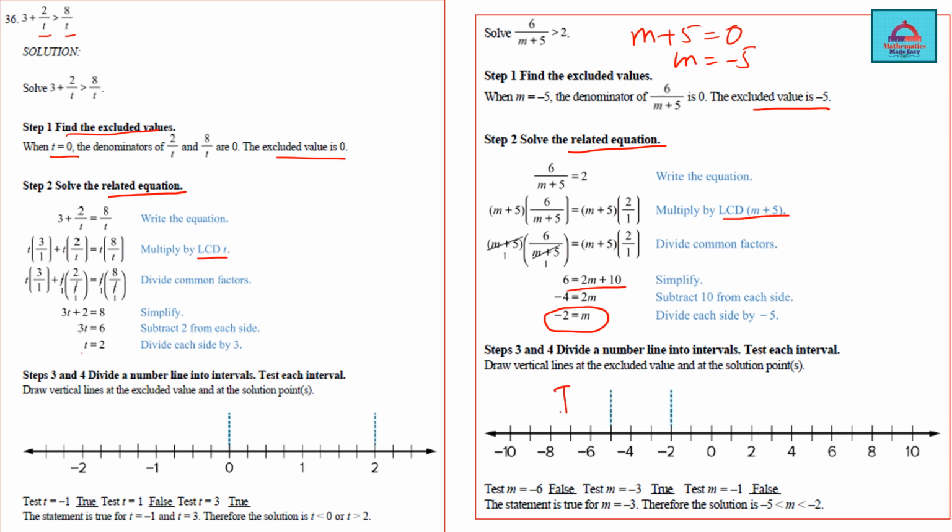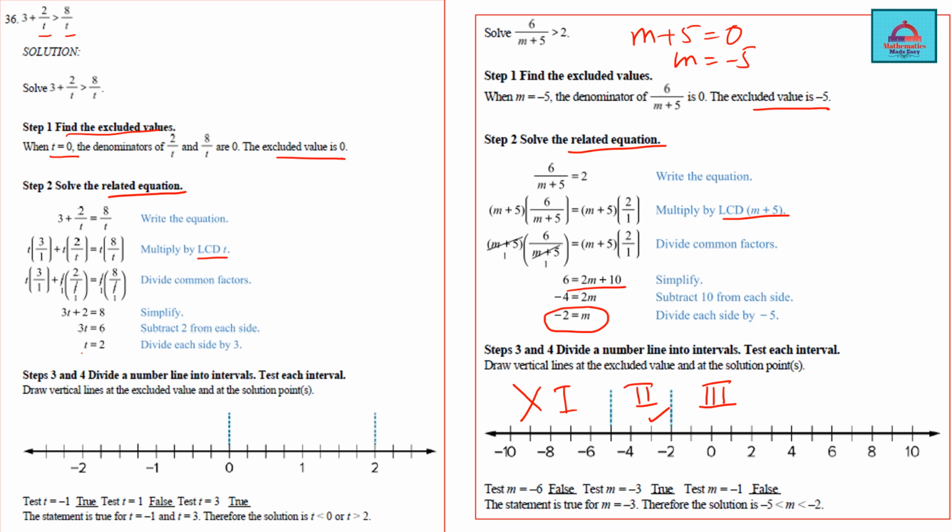So there are going to be 3 intervals, 1, 2, 3. And then you take a test point in each interval, put it in the inequality which is given, and test if it is true or false. So if I put m equal to minus 6, what you are getting is false, so this is not going to be an interval. If I put m equal to minus 3, this is true, so this is going to be an interval.